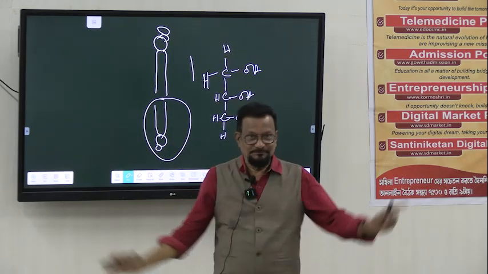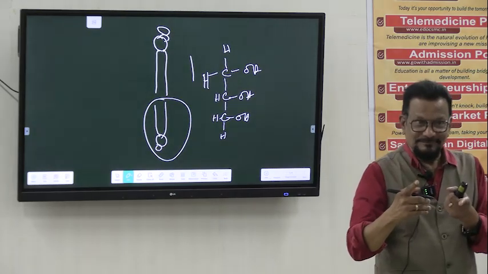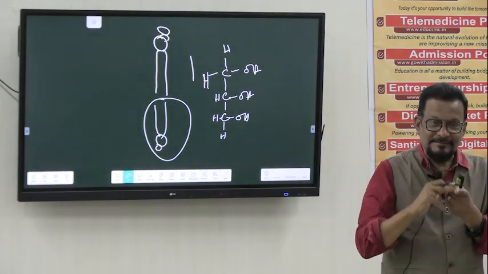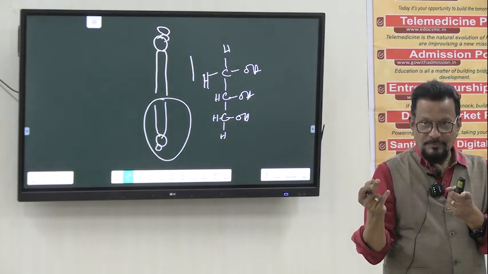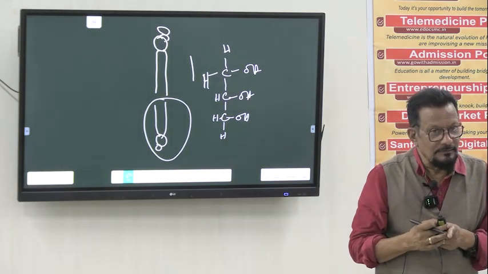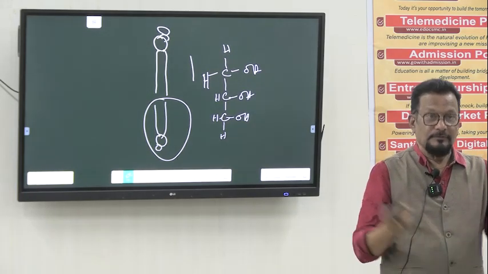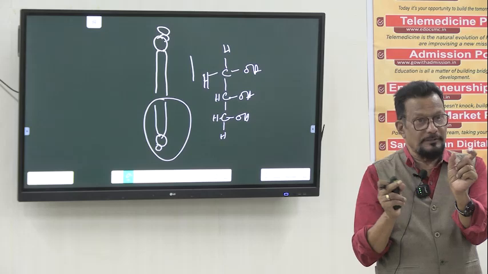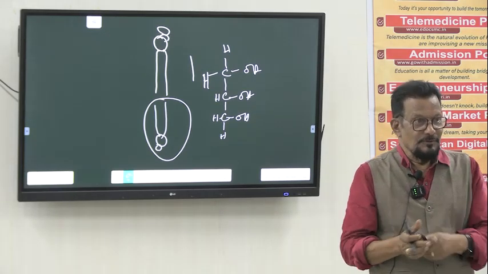This is glycerol, and "ol" means alcohol. This alcoholic group can bind with an acidic group through a bond. What is this bond called? Ester bond. The bond between an alcoholic group and an acidic group is called an ester bond.